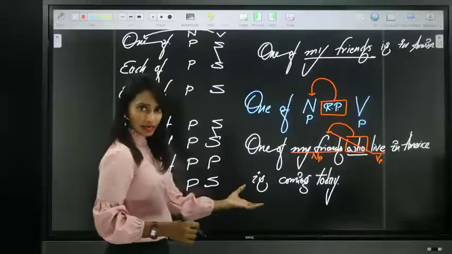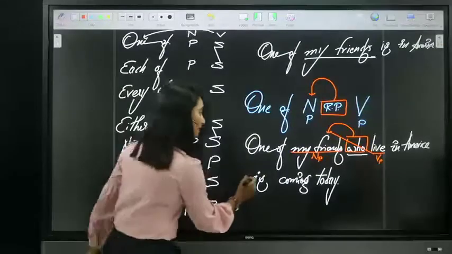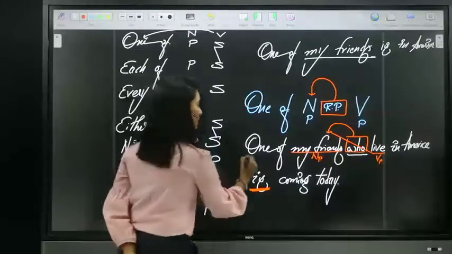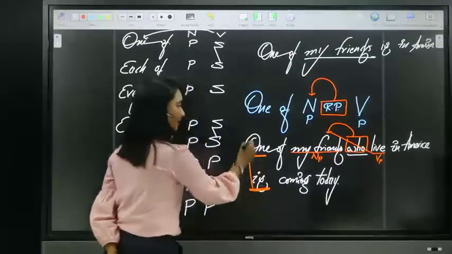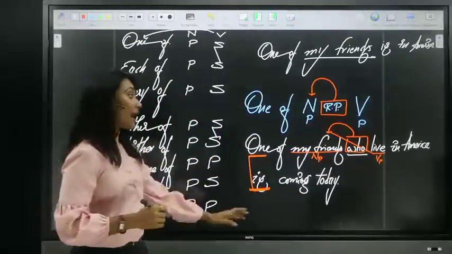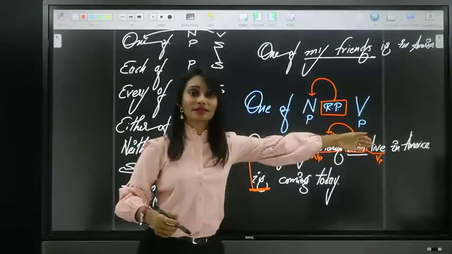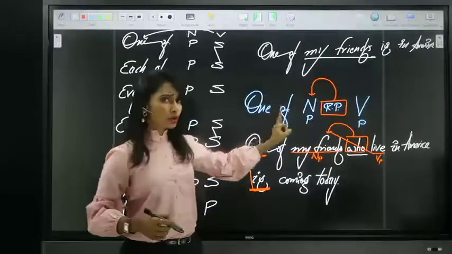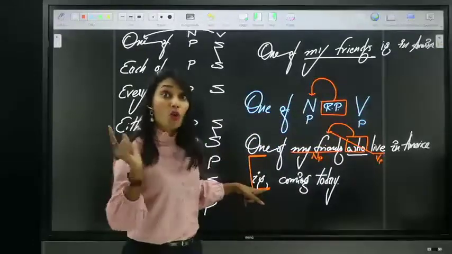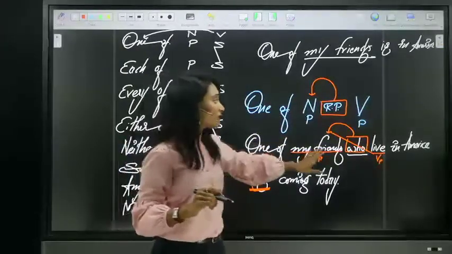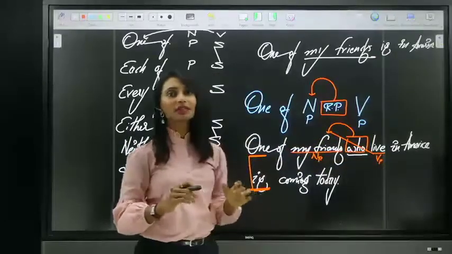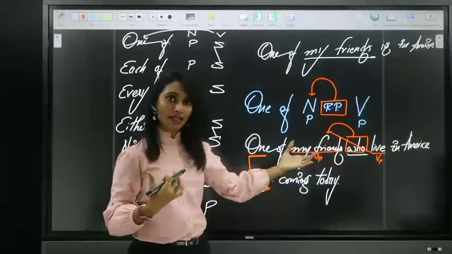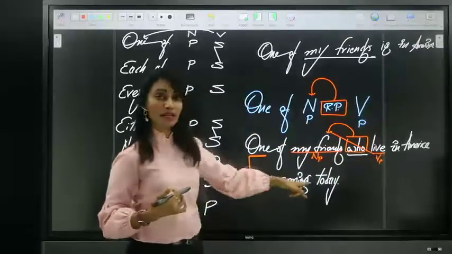Hence, we require a singular verb. Here is the actual verb: is coming today. That means I have many friends who are living in America. In that, only one is coming today, not all.